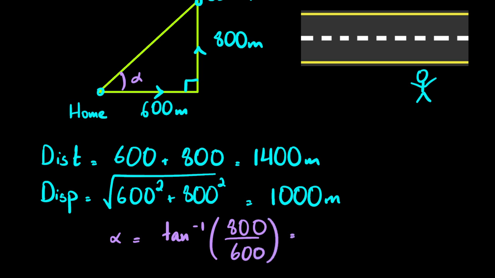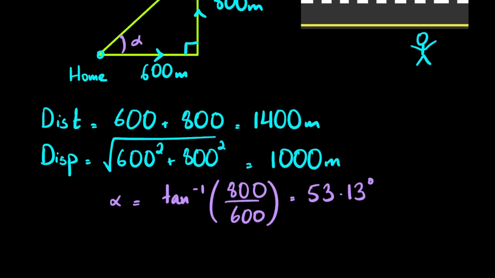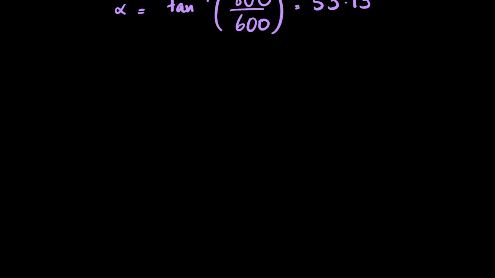This turns out to be 53.13 degrees. So you would give your answer like this, that the displacement from the home is 1000 meters at an anti-clockwise angle of 53.1 degrees from the horizontal, right? So this is how you would actually formulate your answer in its entirety.